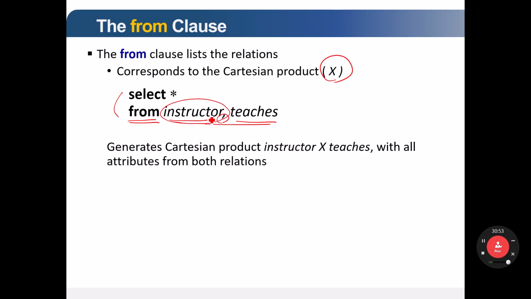So we combine all records from instructor table with all records from teaches table. So let's say instructor had M records and teaches table has N records. Then the output table will contain M times N records.